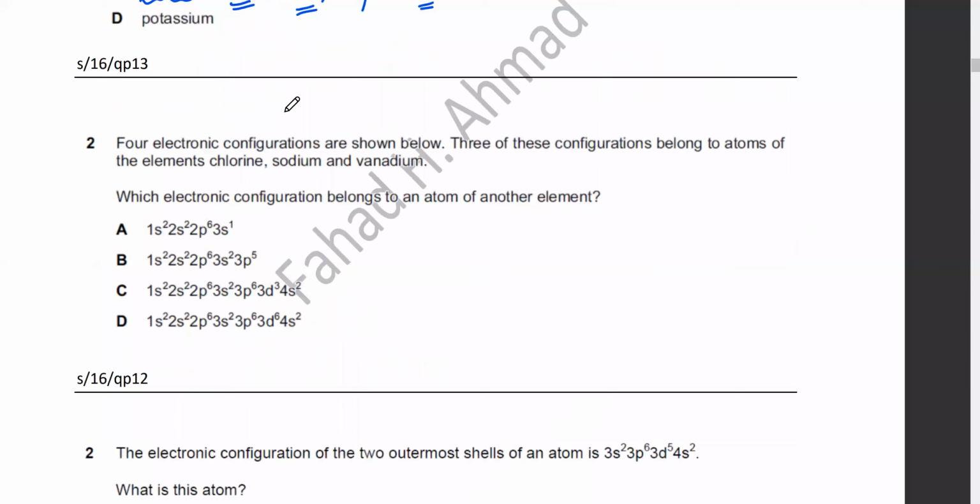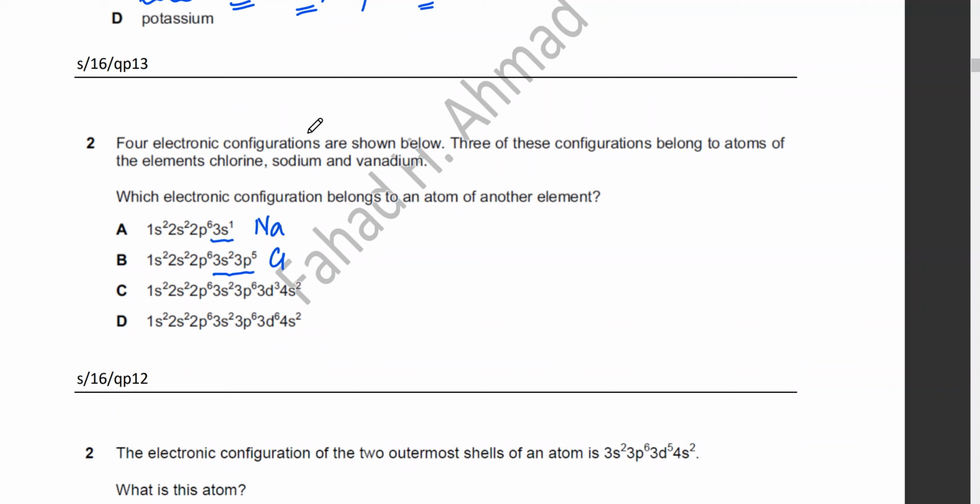So what else? Of the electronic configurations shown, 3 of these belong to atoms of the elements chlorine, sodium. Now, you just have to identify chlorine. Chlorine is in group 7. Group 7 would be s2 and p5. So this is Cl. Sodium is in group 1, so that would be s1. So that is sodium.